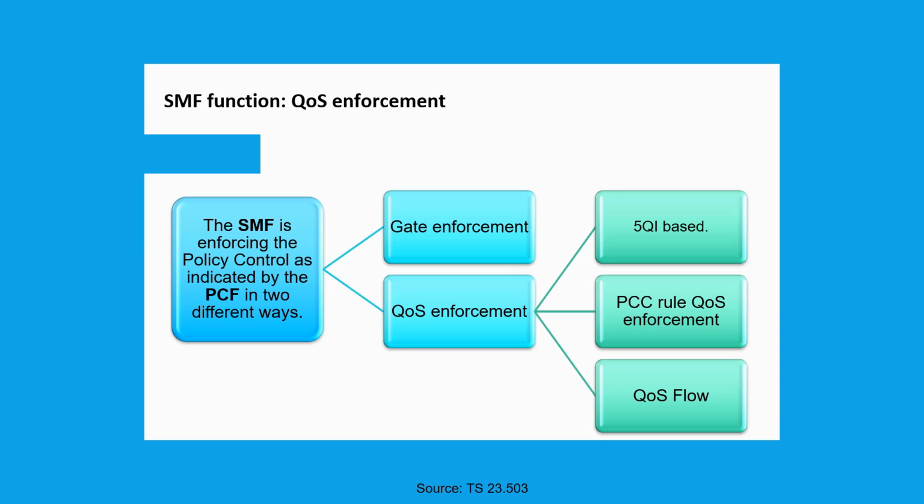Different service data flows have different authorized resources, like the reserved GFBR and allocated MFBR for the QoS flow. In this case, we need to assure that the service data flows do not exceed these authorized resources, which are defined in PCF.